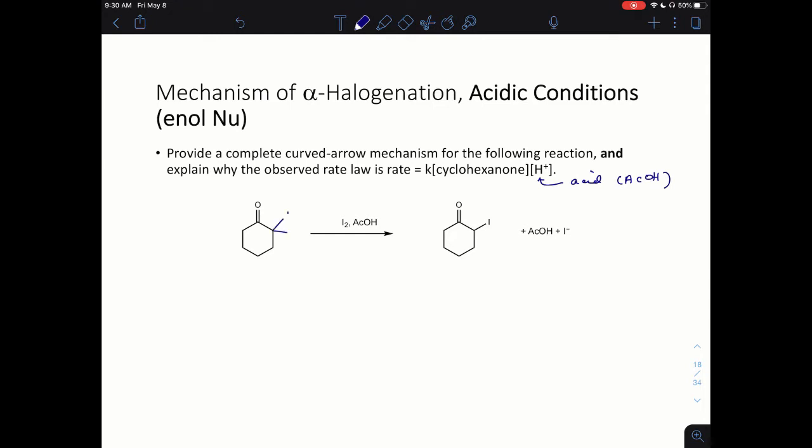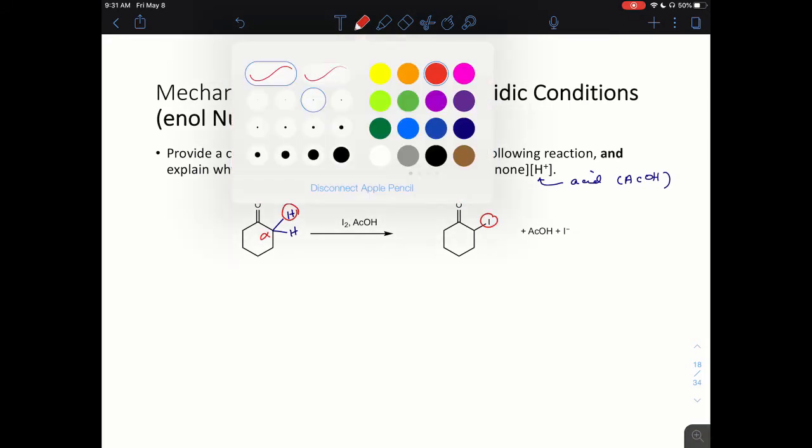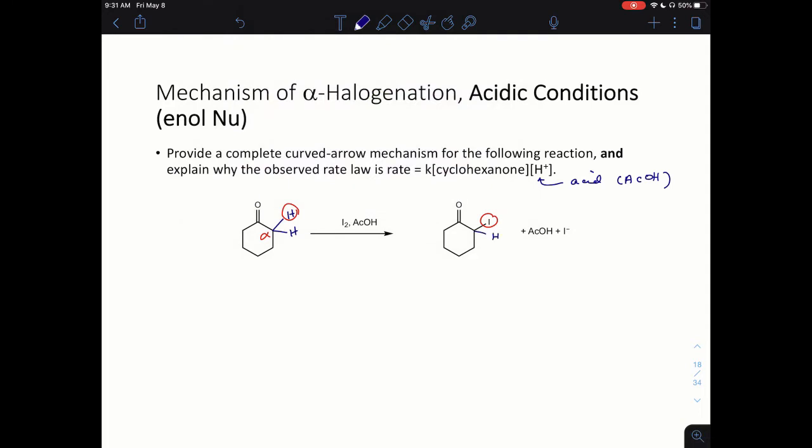First, this is a substitution reaction. Here's the alpha carbon. We're replacing hydrogen with iodine. Acetic acid here, this is AcOH. Let's write it out. So AcOH, that's acetic acid.